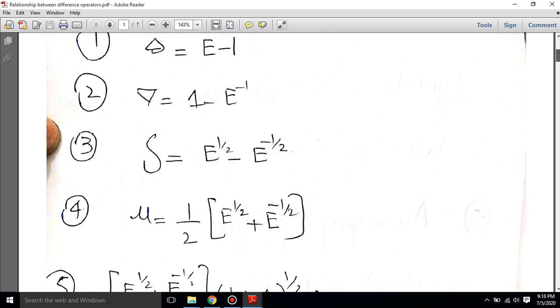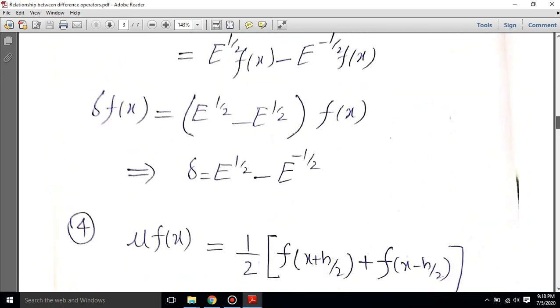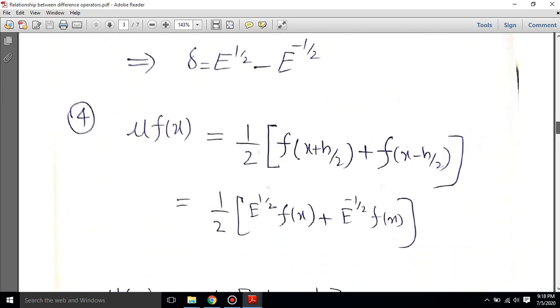Again moving further, we move on to our fourth thing, the relationship as far as the averaging operator is concerned. We apply the averaging operator mu to our function f of x. It will be equal to 1 by 2 times f of x plus h by 2 plus f of x minus h by 2. Again using the definition of the shifting operator for f of x plus h by 2, we have this value.